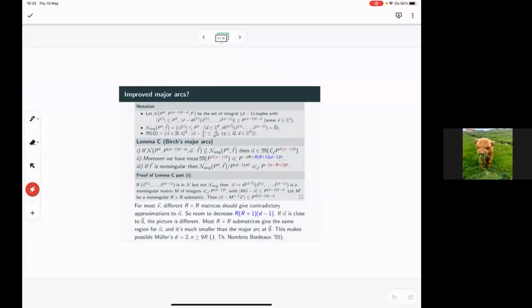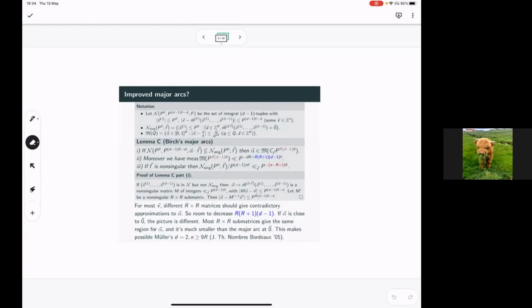This was the core of Birch's strategy, to go from an exponential sum being large to the number of solutions to a certain system of Diophantine inequalities being large, and from there to getting a rational approximation to this parameter alpha that goes into the exponential sum.